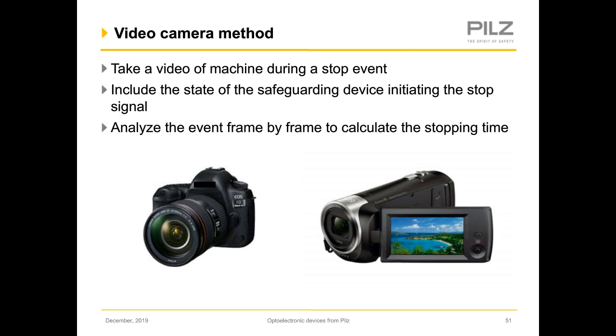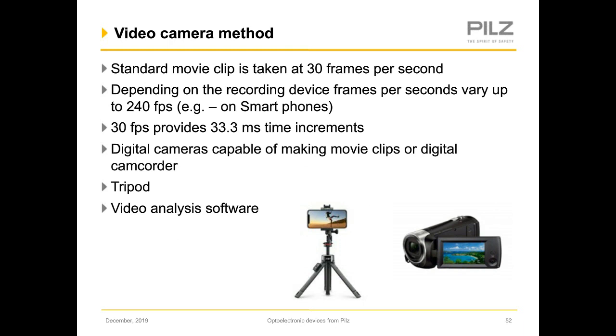So, for example, a standard movie clip is taken at 30 frames per second. Depending on the recording device, frames per second can also vary up to 240 frames per second, for example smartphones. But you have to find out what your frames per second are. So 30 frames per second would provide a 33.3 millisecond time increment.